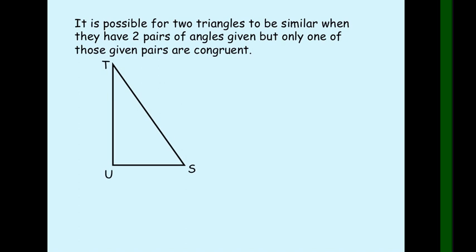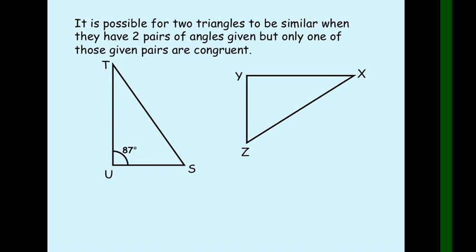So, halimbawa, ito, TUS and XYZ are two triangles. The angle is 87, the given angle. The angle of T is 34, and we have 34 here, and we have 59 there.